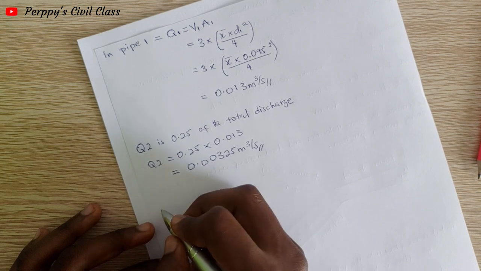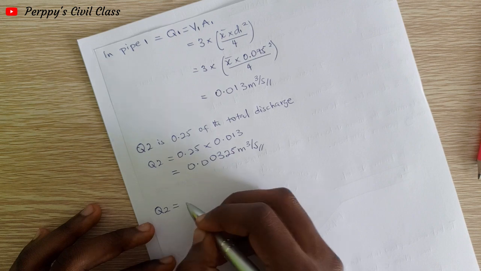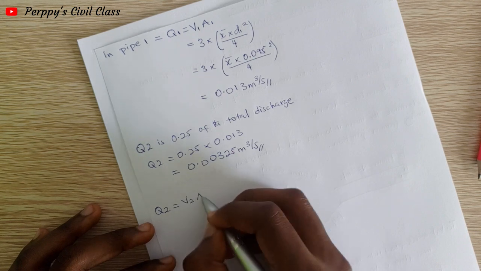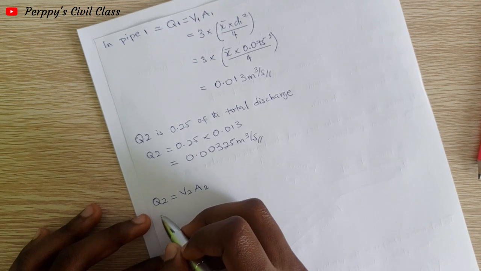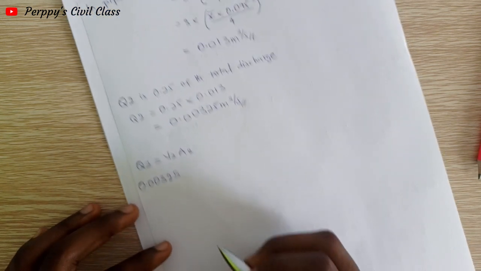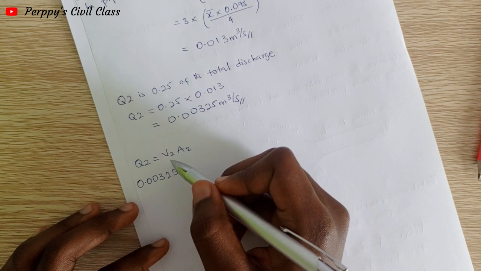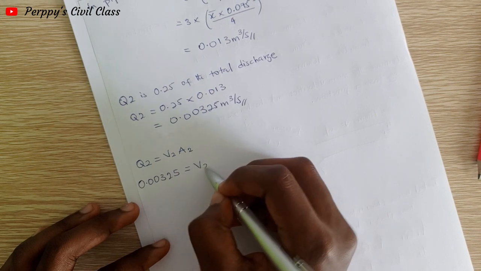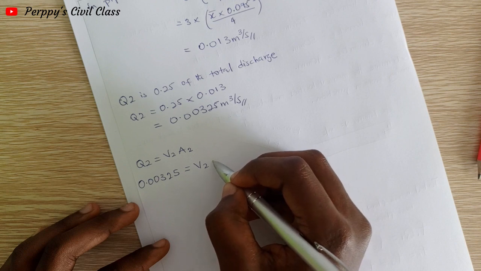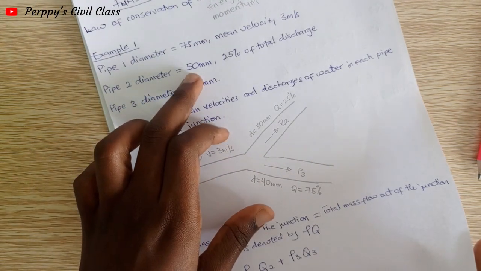Let's finish the Q2. Q2 is equal to mean velocity 2 times cross-sectional area 2. We know our Q2 to be 0.00325. It's equal to V2 times A2, our cross-sectional area 2, but we know our diameter for pipe 2, which is 50 mm.